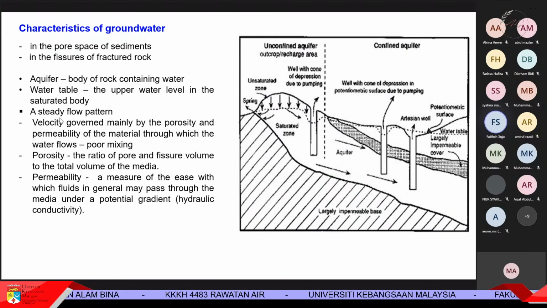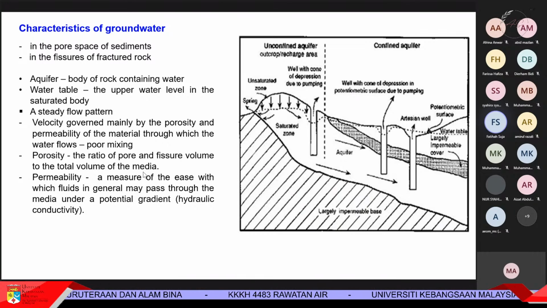What is the porosity? The ratio of pore and fissure volume to the total volume of the media. Fissure is the breakage in the stone, whatever, to the total volume of the media.